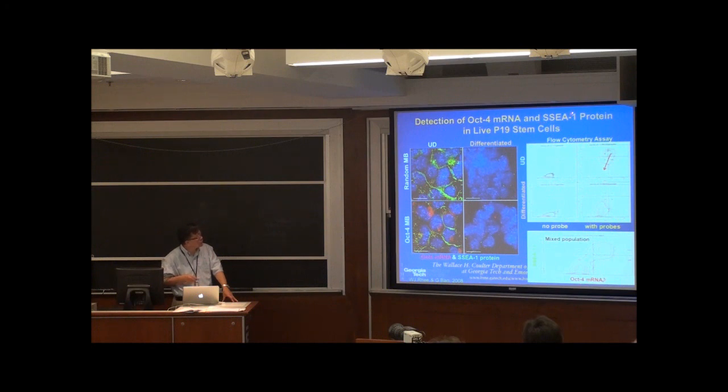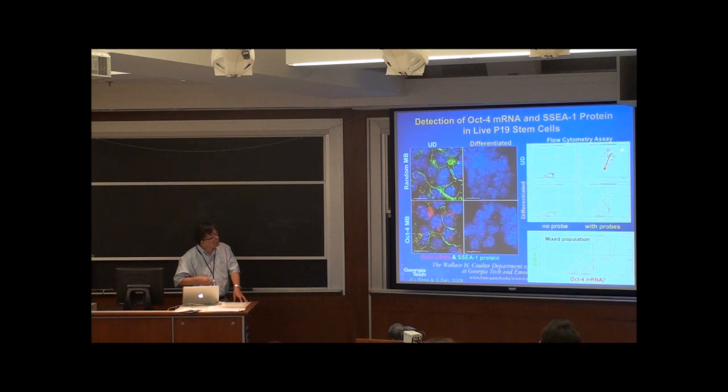Actually, in this case, just to be sure, we also used a dye-labeled antibody to target the SSEA1 protein on the stem cell surface. The red signal shows the signal from the dye-labeled antibody targeting SSEA1. So in this case you have undifferentiated stem cells and cells after differentiation. If you have no probe at all and perform a flow cytometry assay, there's essentially no difference. You see the contours are essentially the same. You cannot tell any difference, right?